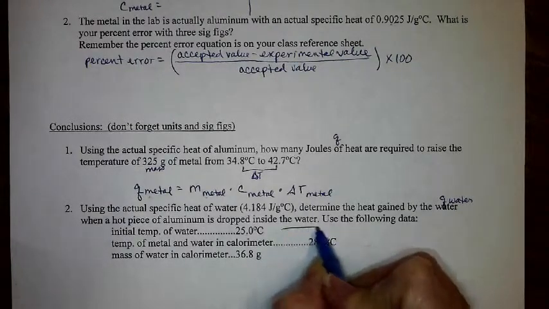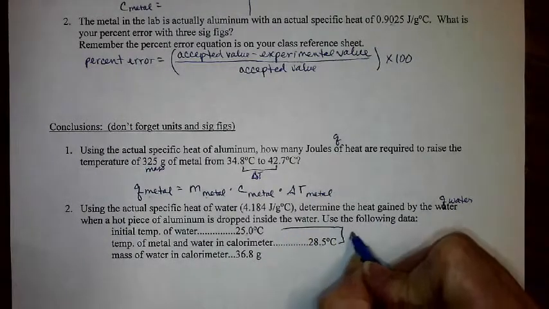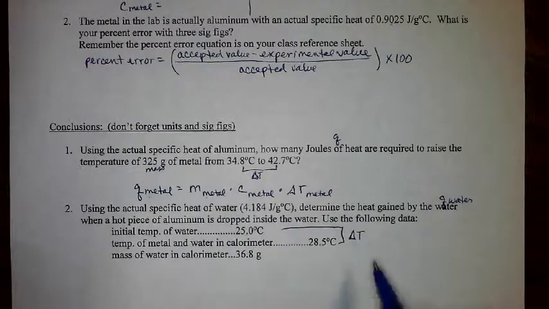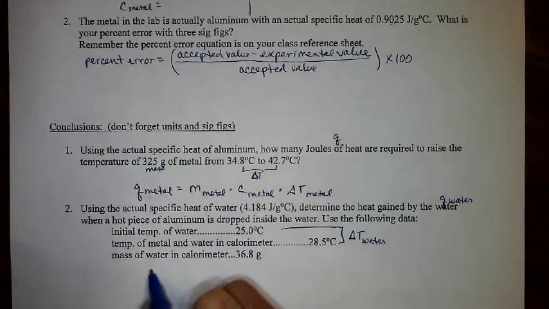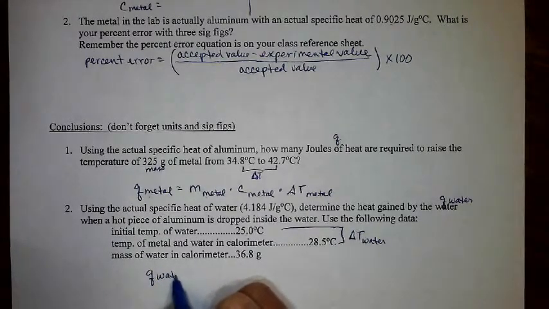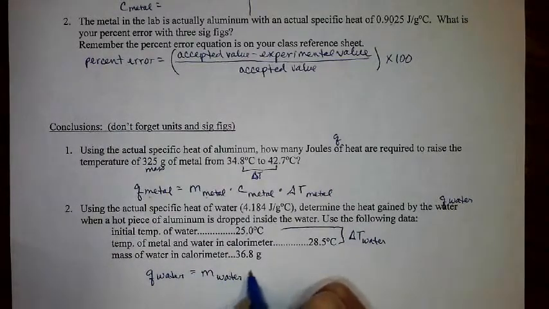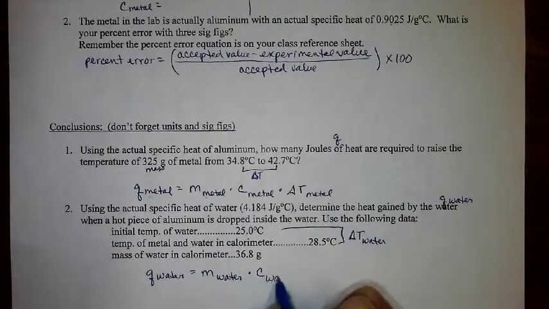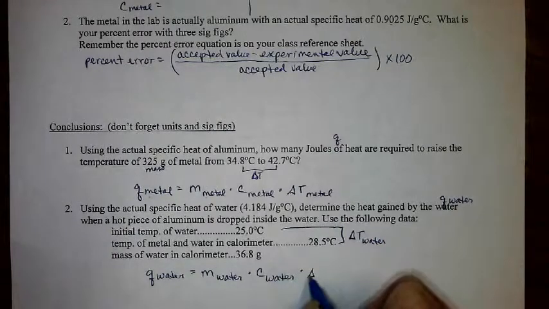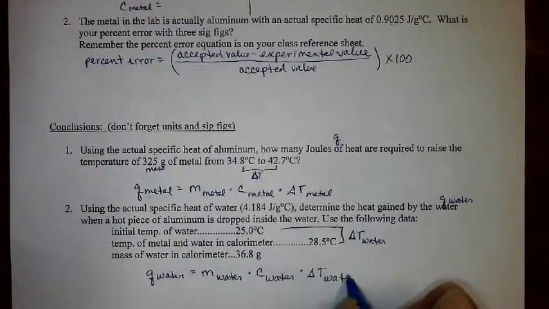So the difference between these two temperatures is your change in temperature of the water, because the water started here, ended up there. And there's your mass. So the Q of the water is going to be equal to the mass of the water times the specific heat of the water times the delta T of the water.